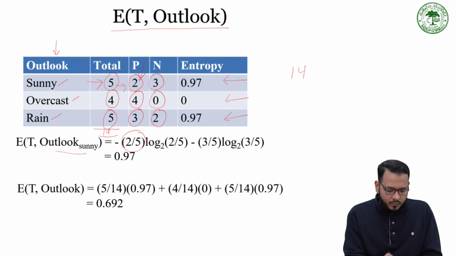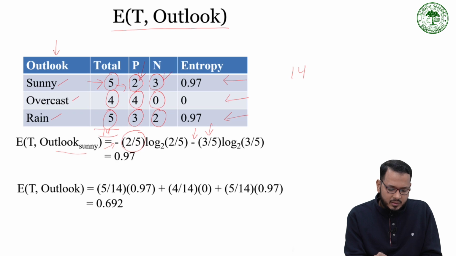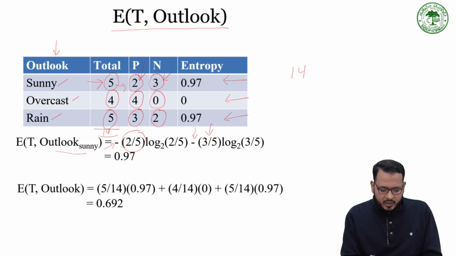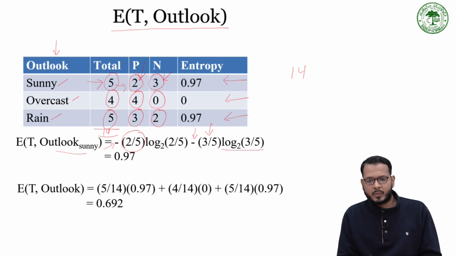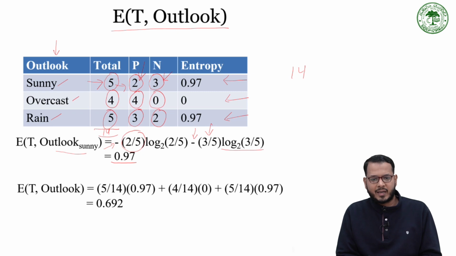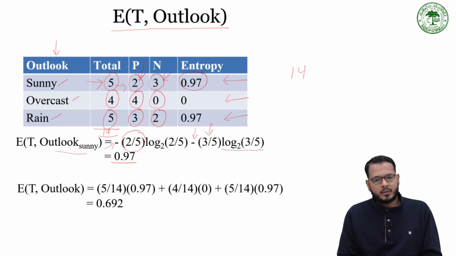Then minus the negative examples' probability, which is 3 by 5, because we have 3 negative examples for the sunny case, multiplied by log 2 of 3 by 5. If we calculate that, then the value of this specific entropy would be 0.97. That's why we got 0.97 here.